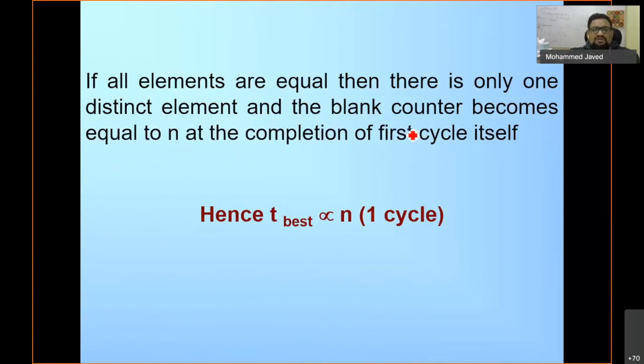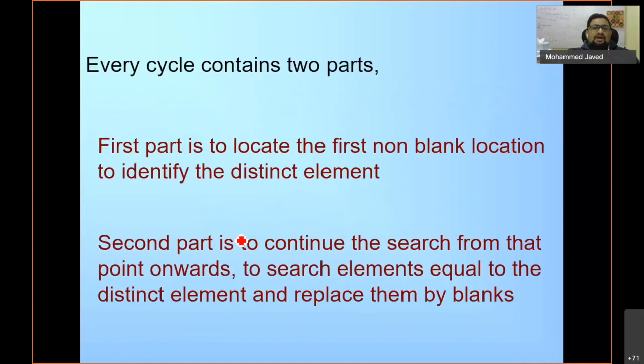The best case would be that all the elements in the array are the same, so you make only one pass, one scan through the entire array, and all the elements will be filled with a blank. So the best running time of the algorithm is proportional to one cycle, which is proportional to n. So T best is proportional to n.